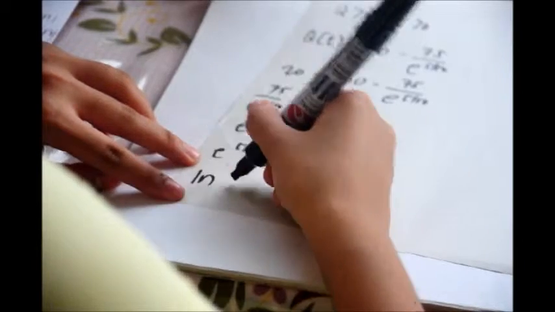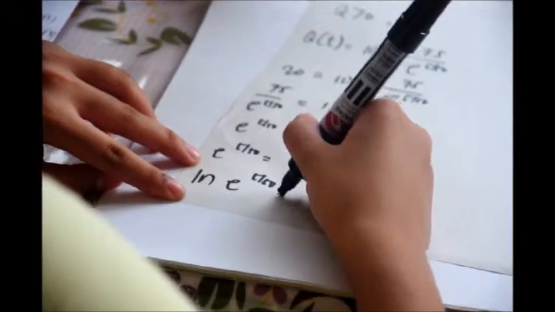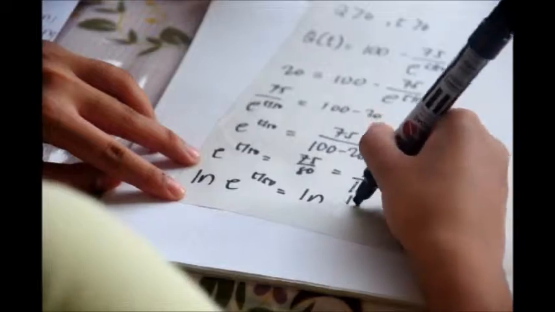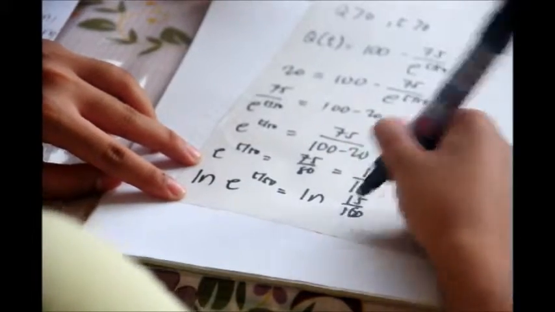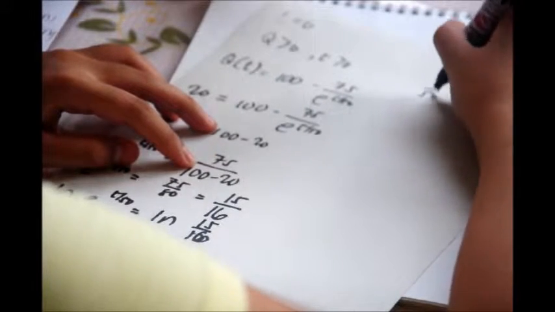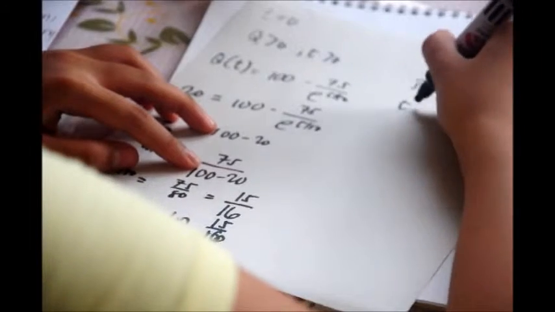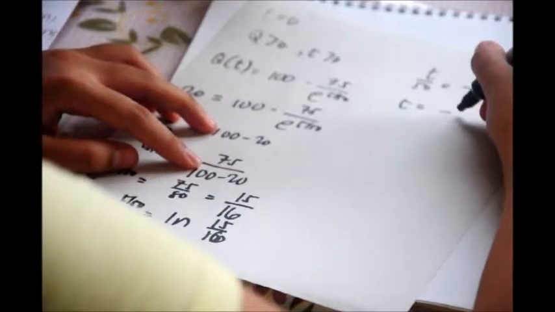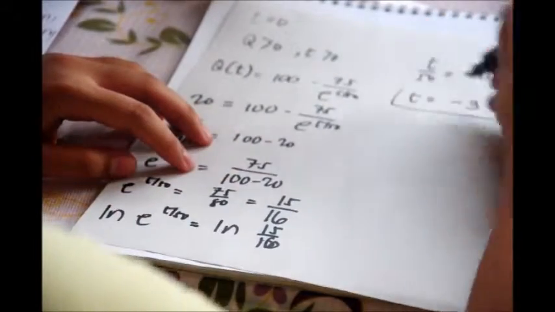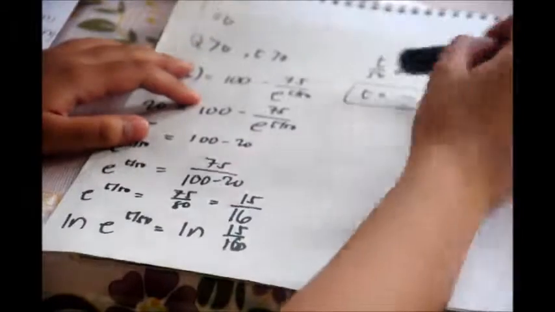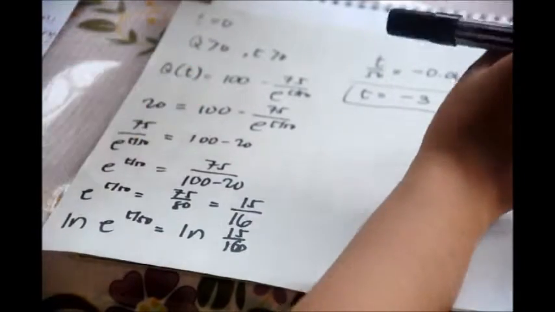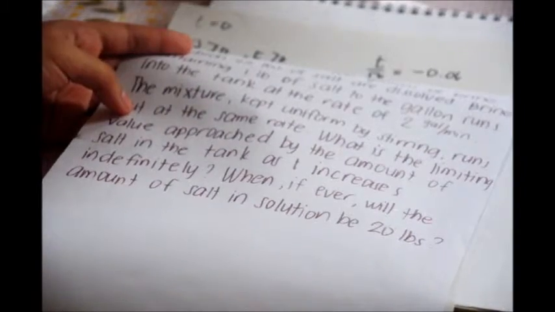So ln of e to the t over 50 equals ln of 15 over 16. So t over 50 is equal to negative 0.06, and transposing, t is equal to negative 3. So you see, there is no negative time, but we got a negative time. So for this particular problem, it is impossible for the amount of salt in the solution to reach 20 pounds.